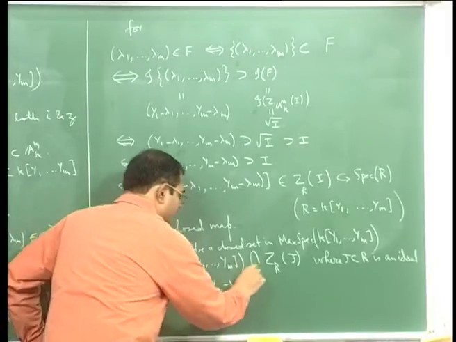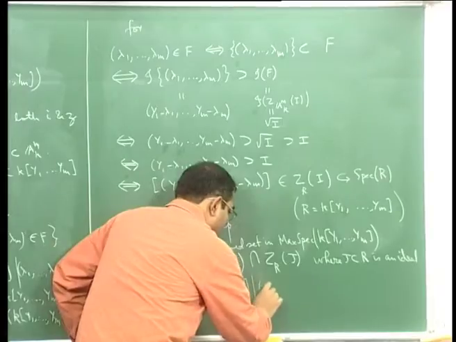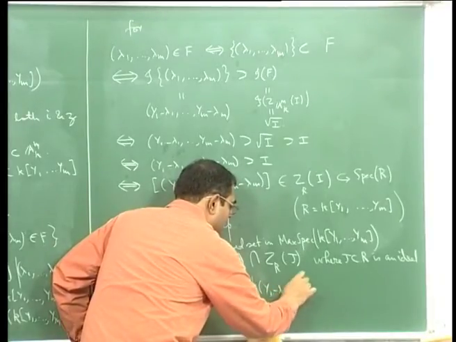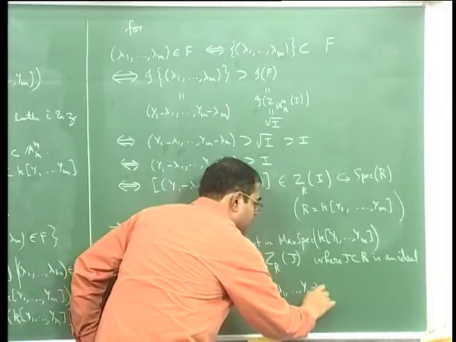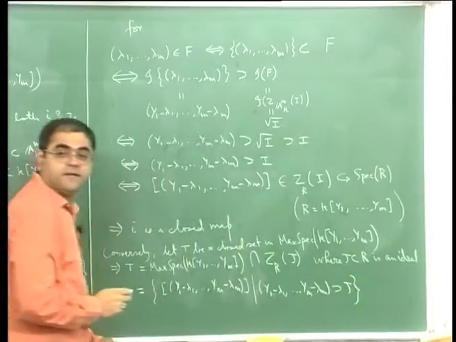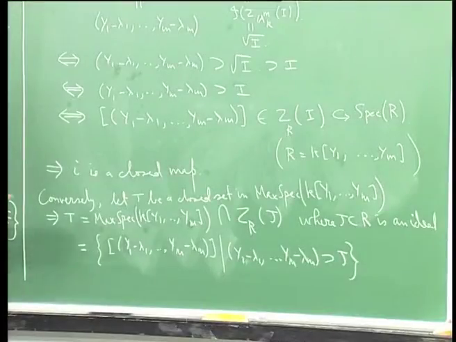These are all those maximal ideals such that the corresponding maximal ideal (y1 minus lambda 1, ..., ym minus lambda m) contains J. And this is what T is.